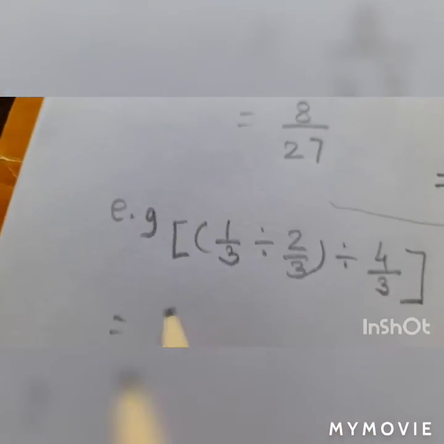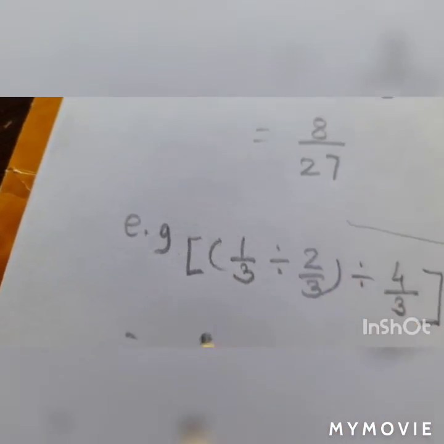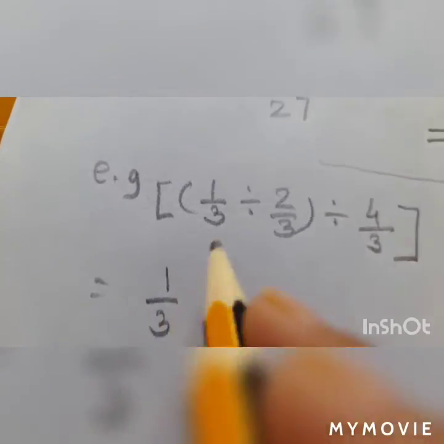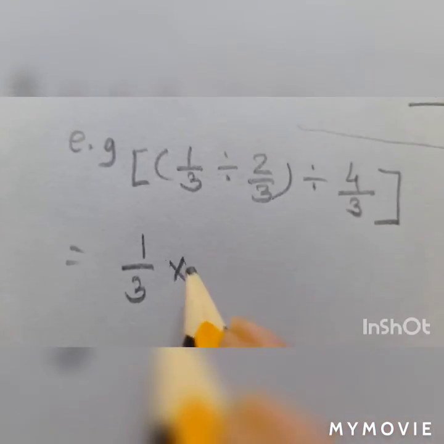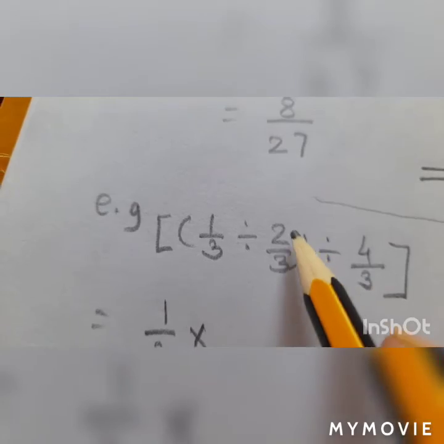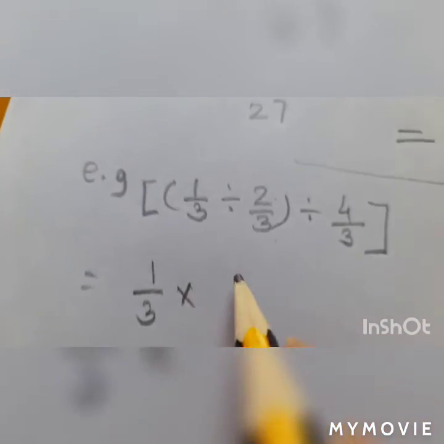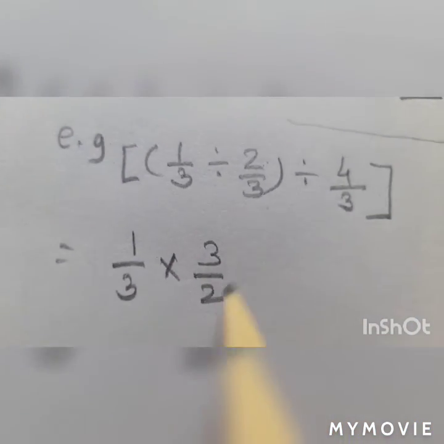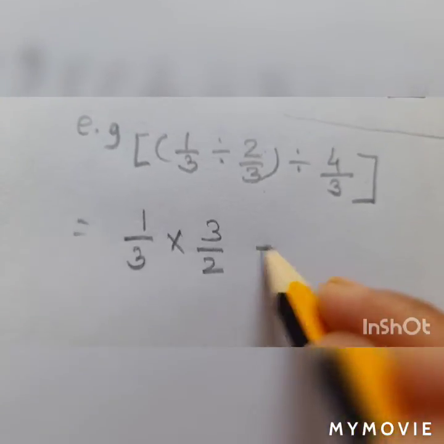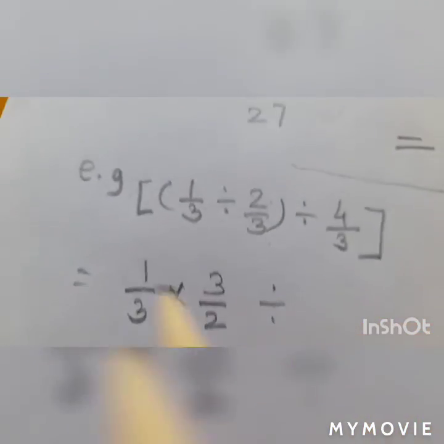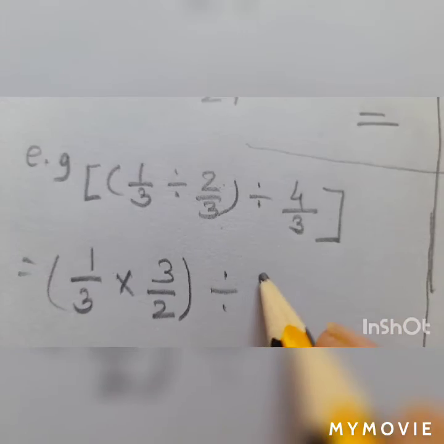Is equal to 1 upon 3 as it is. We will take multiplication sign here, and 3 will be written as a numerator and 2 as a denominator. Divided by 4 upon 3.